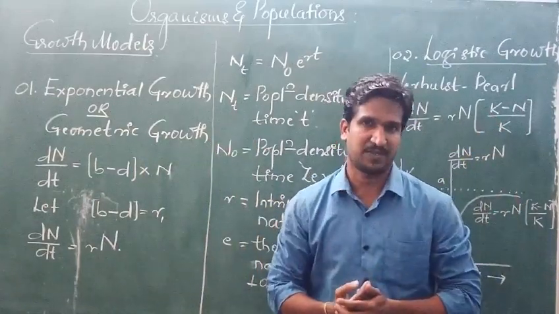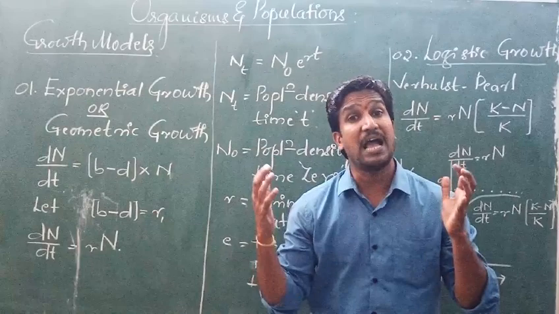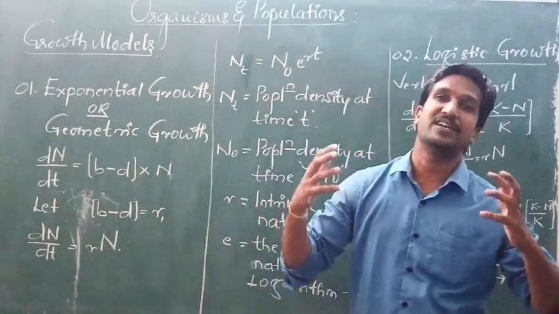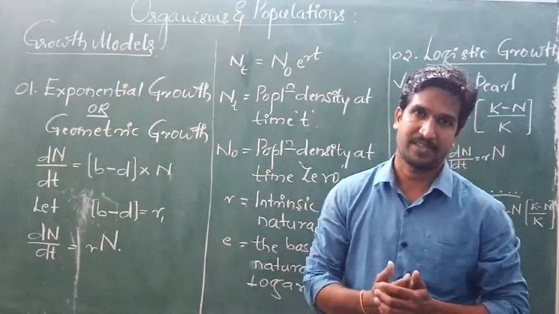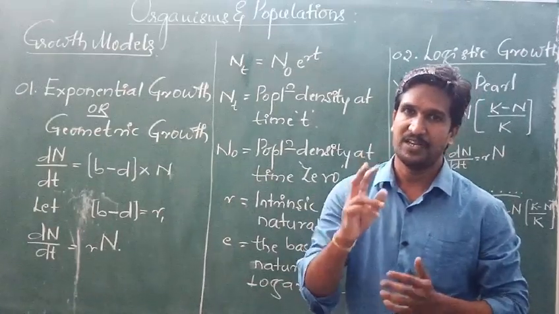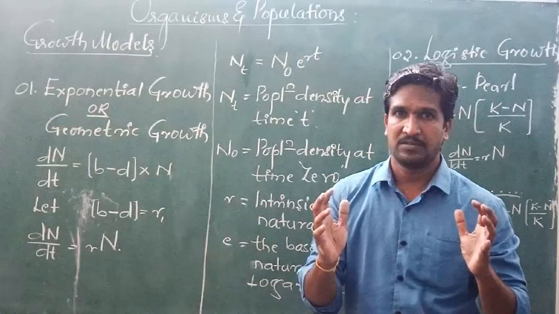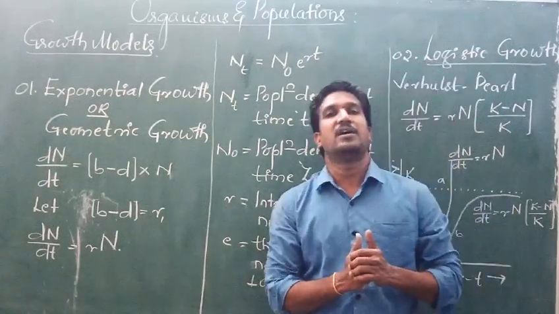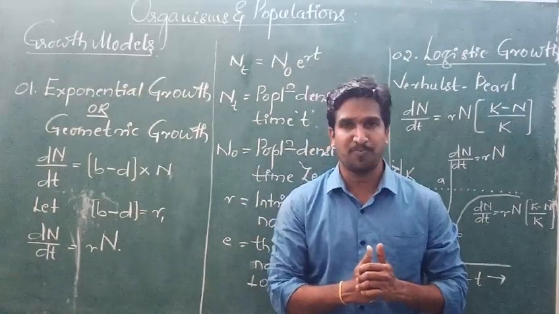Two conditions will come. What will happen if it is unlimited, and what happens if it is limited? In a population, for example, we will take a type of scorpions.